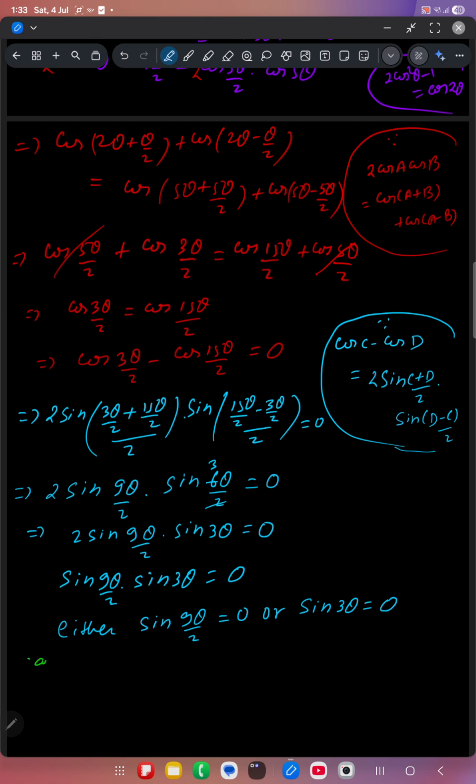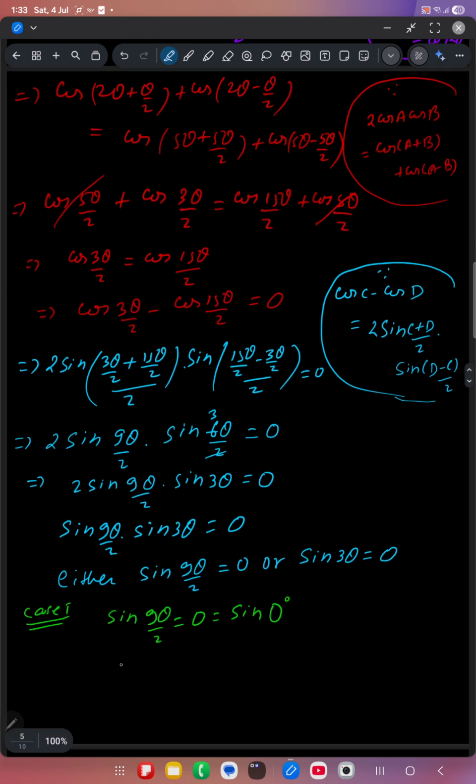So case 1: sin 9 theta by 2 equal to 0, and let it be sine of 0 degree, because 0 is sine 0 degree. So you know the general formula that 9 theta by 2 will be in general n pi plus minus 1 power n into this alpha, you know that formula.